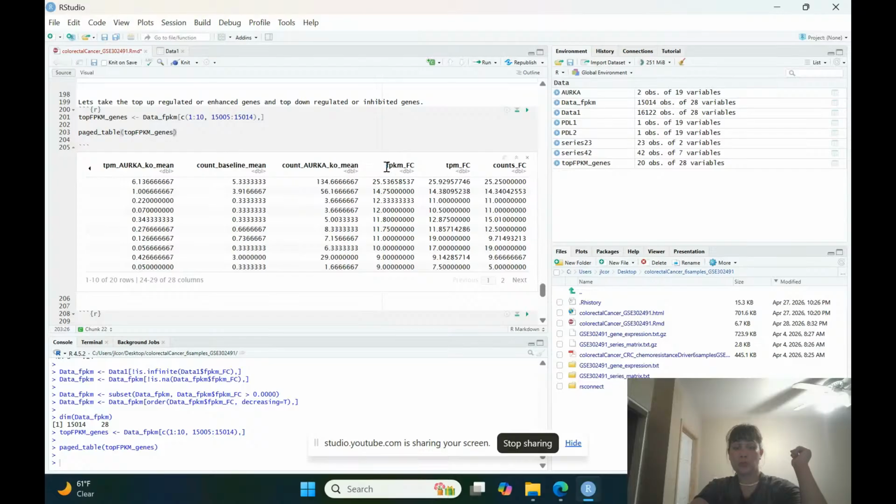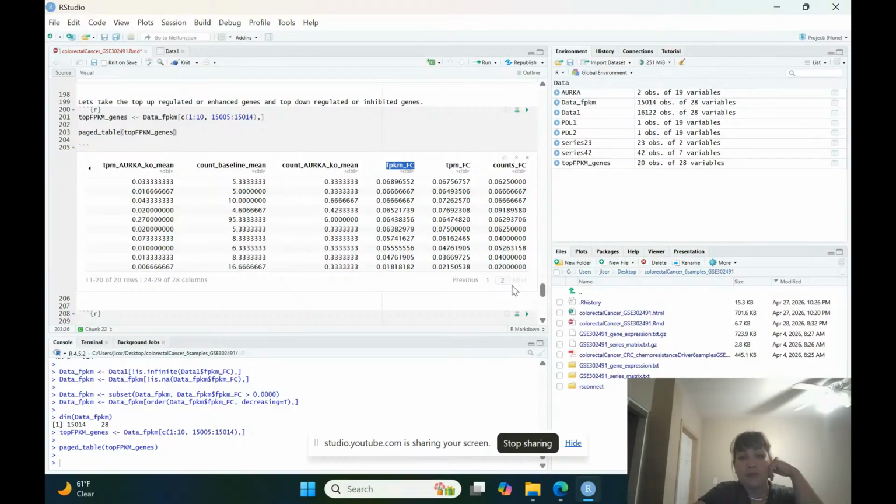You should actually see the same here, because it removed ARCA and there were changes. So they are overexpressed and then our underexpressed genes right here.